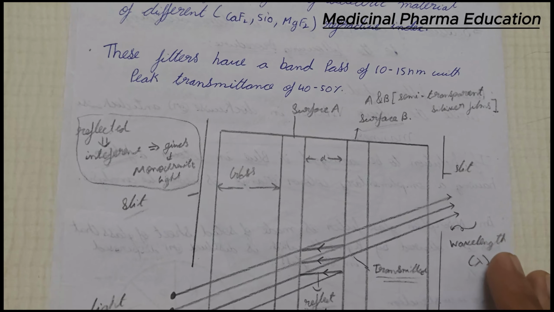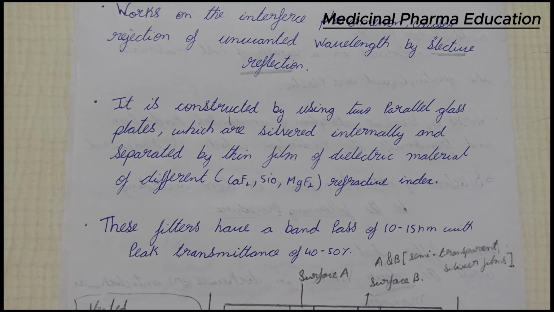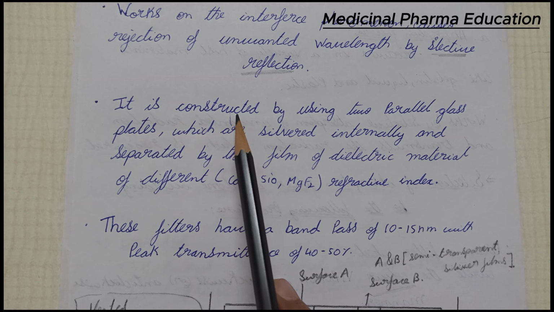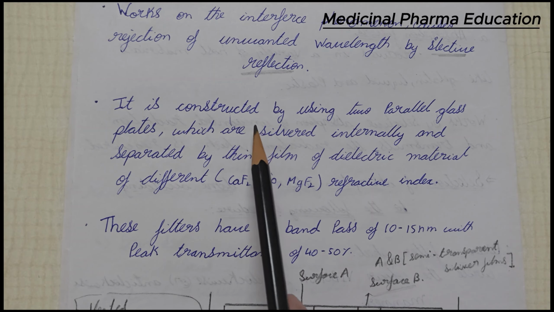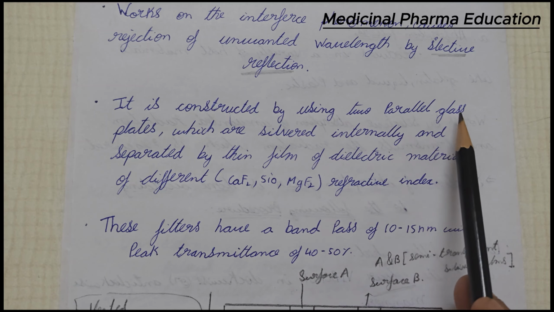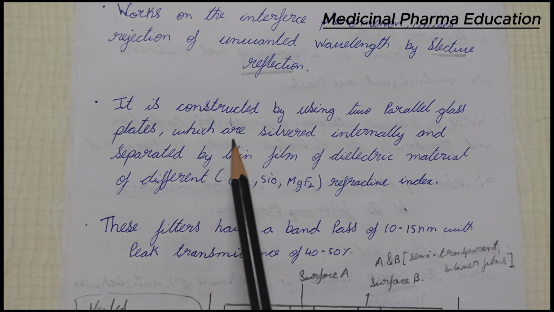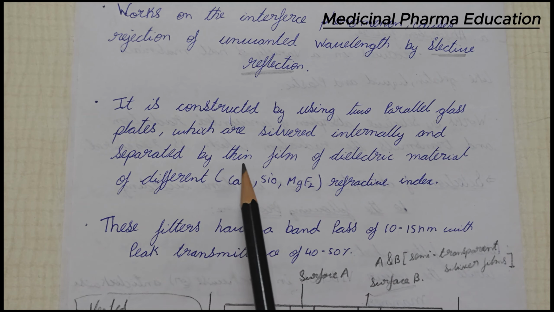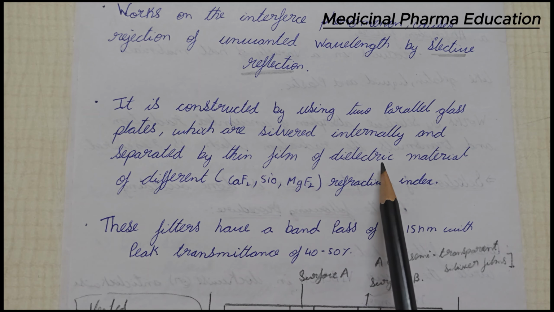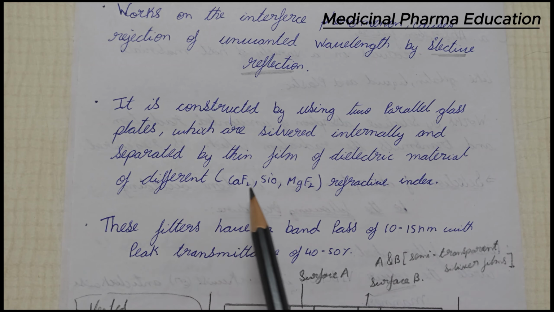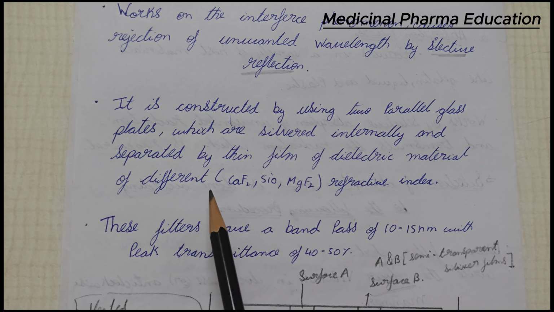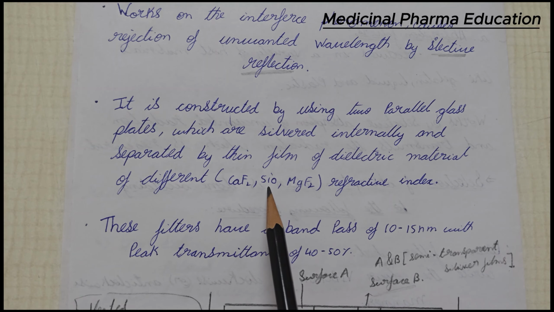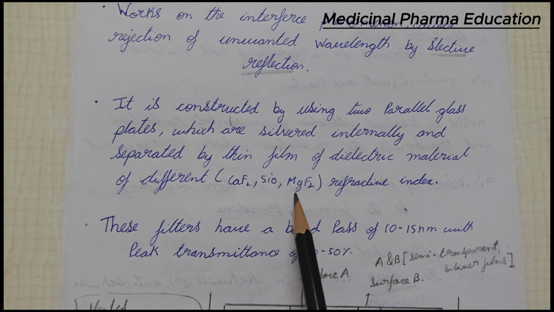See, you can see this diagram. We'll go with the diagram first, then we'll understand this sentence. It is constructed using two parallel glass plates which are silvered internally and separated by a thin film of dielectric material of different refractive index. Examples of dielectric materials are calcium sulfate, silicon oxide, and magnesium fluoride.